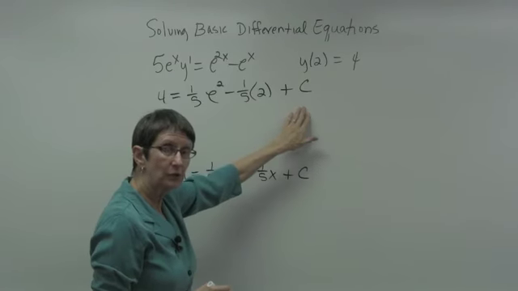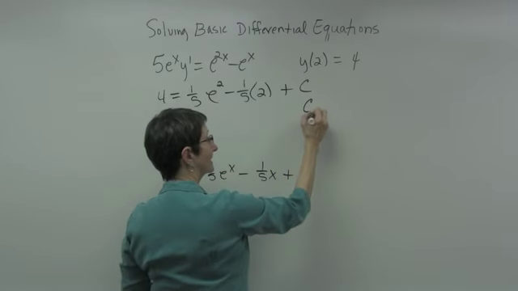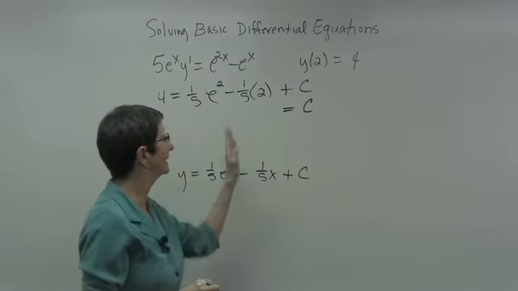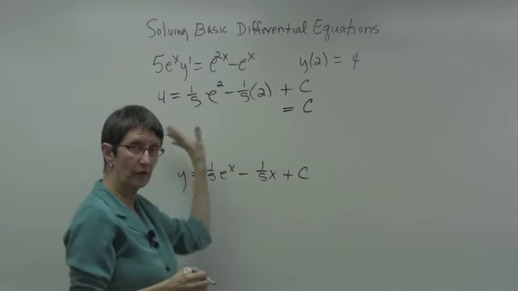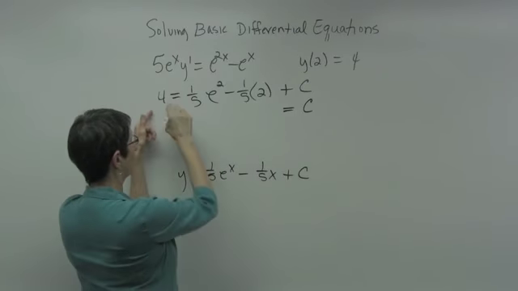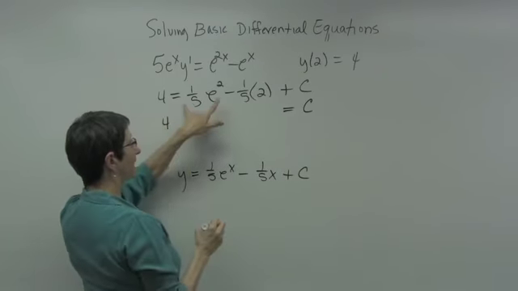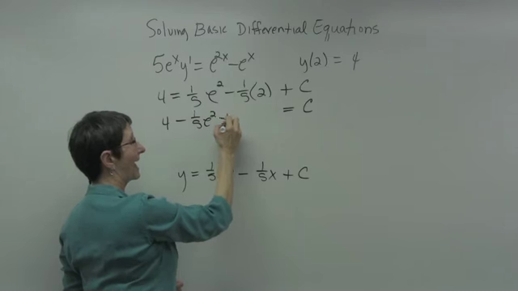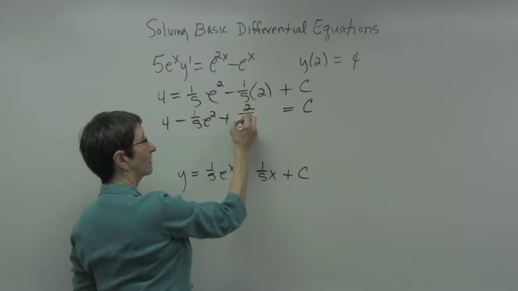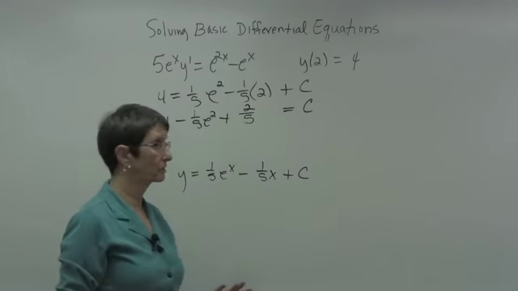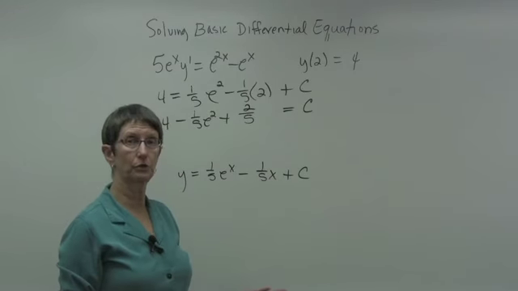The easiest way to do it is to leave c where it is, because we're solving for c, and move everything else to the other side of the equation. So over here I have 4. I subtract this one, 1/5 e squared. This is subtracted already, so I add 1/5 times 2, which is 2/5. So this is what my c is equal to.